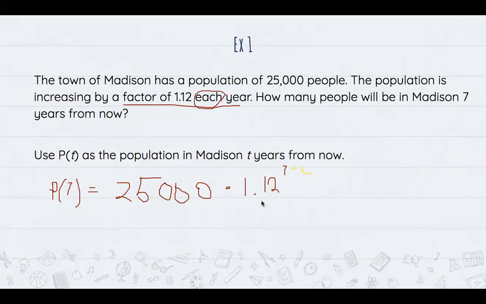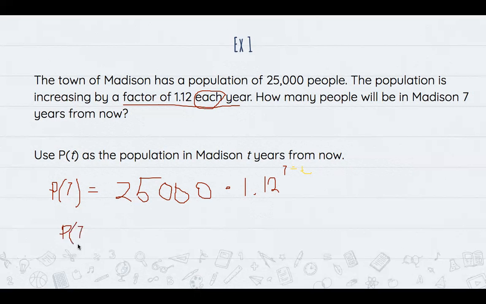Okay, then you just plug it into your calculator and solve it, which gives you 55,267.03519. But as you know, you cannot have a fraction of a person, so you would round it to the nearest whole number, which is 55,267.